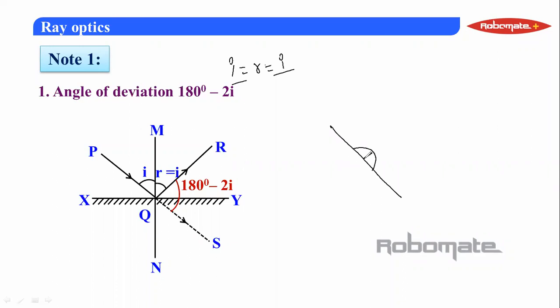So here is I. Now if you want to find the value of this, what is the total angle from here? 180. This is the angle of incidence. This is the normal actually.